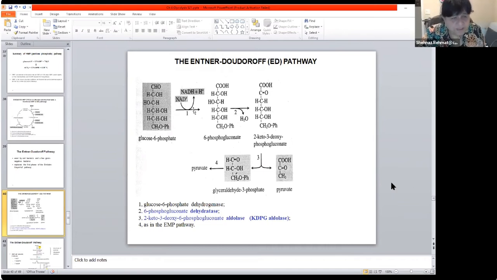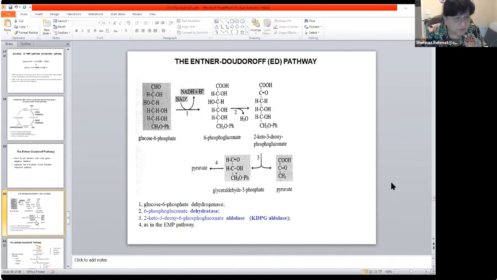But the first step in it is similar to your HMP, and the rest of it to go to pyruvate will definitely be your regular EMP pathway. So it can go into this regular EMP pathway and give you the pyruvate, or it can use this enzyme and give you the pyruvate here.